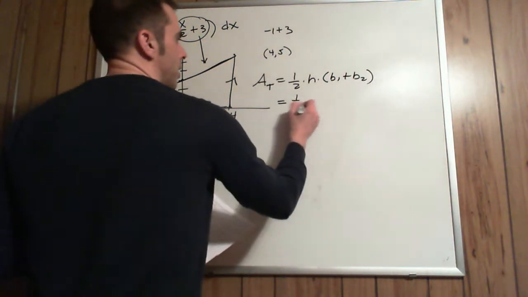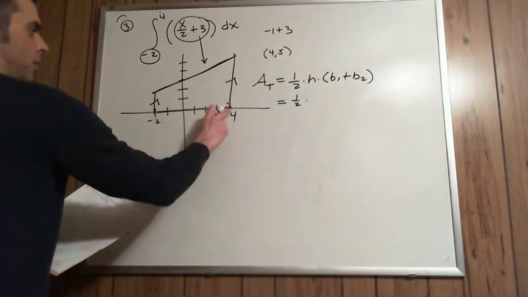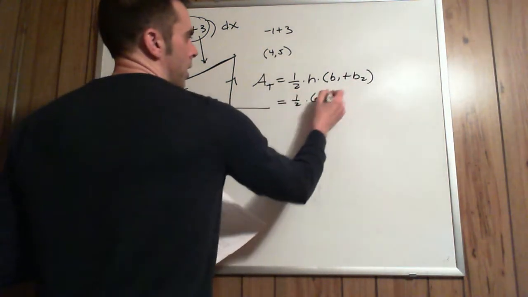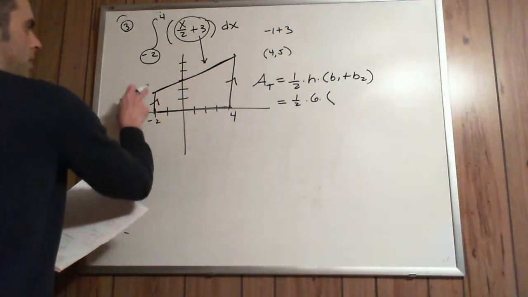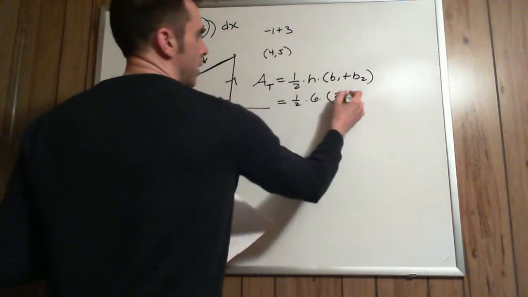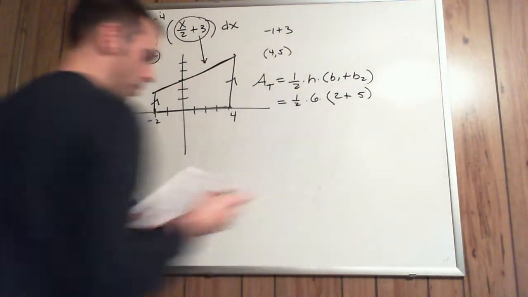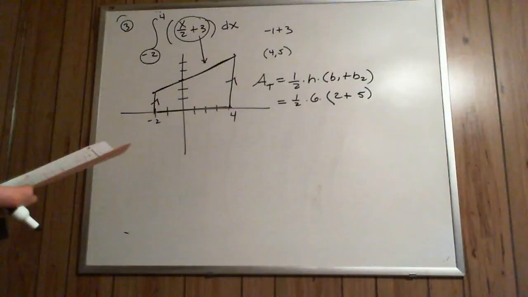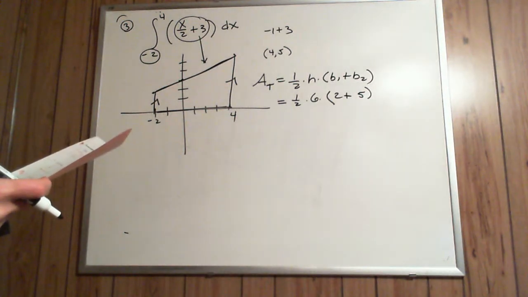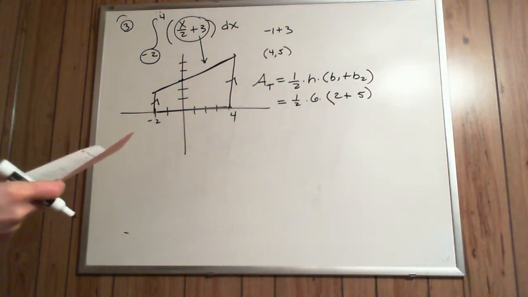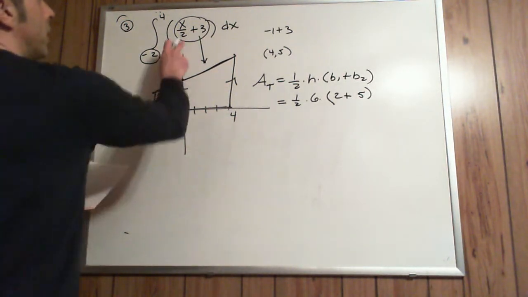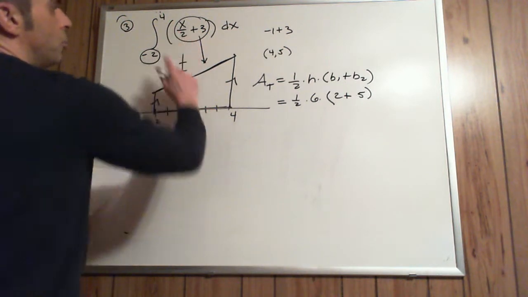So the height, how long is this? 4 and 2 make 6. And the base, how high? This base is 2 units high, and this base is 5 units high. So then we get here, -2 over 2 is -1 plus 3 is 2, so this was 2 units high.